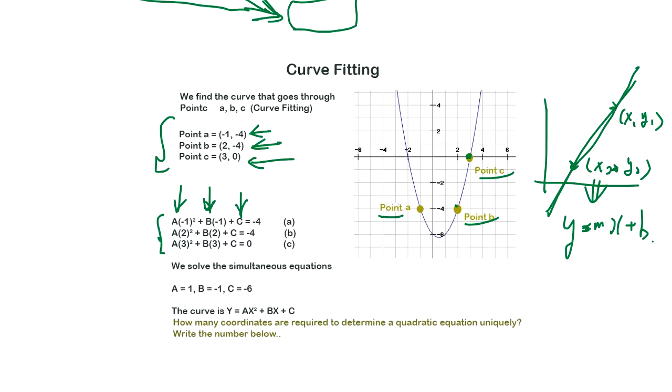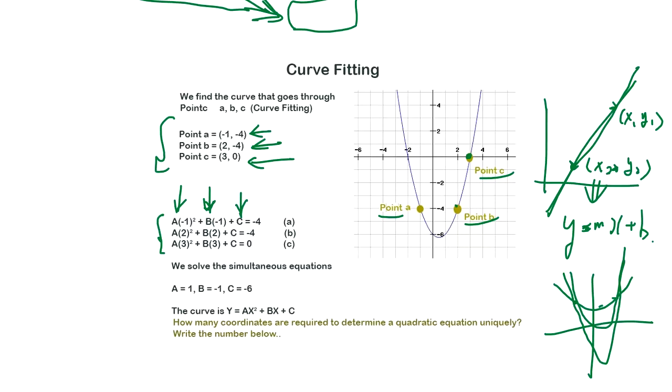It can be many. For example, on the graph, if you give 2 points, the curve could be like that, or it could be like that. There is an indefinite number of quadratic equations.